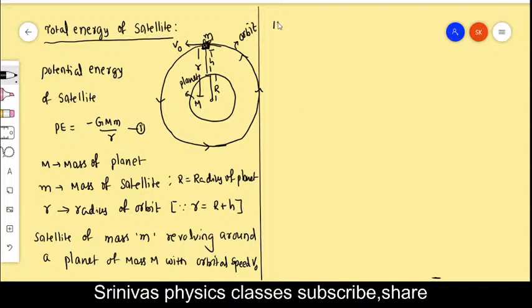Then I want the kinetic energy of the satellite. How to find it? The general formula for kinetic energy, you know, is half m v squared. I want the satellite's kinetic energy.